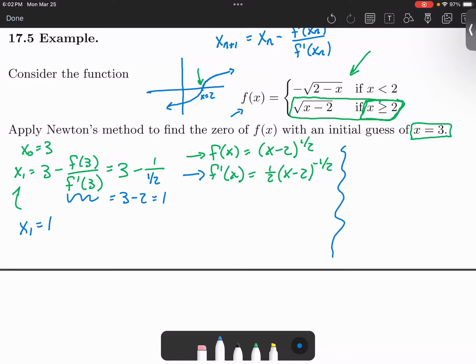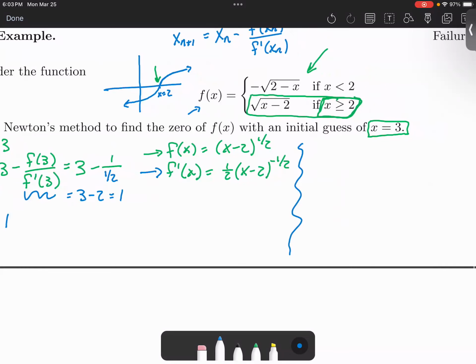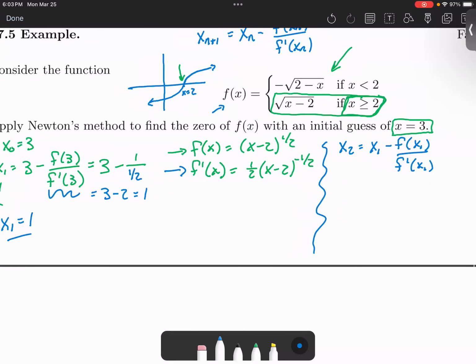All right, so let's go through the process again. x2 will be given by x1 minus the function at x1 divided by the derivative at x1. Because we're plugging 1 into the function, we should listen to the top definition of the piecewise. When x is equal to 1, it's less than 2. So we look at this function.